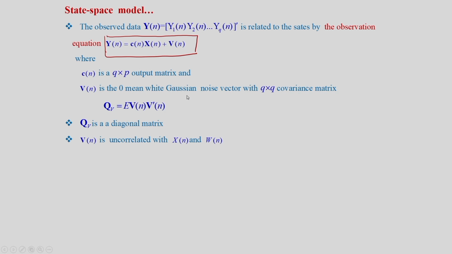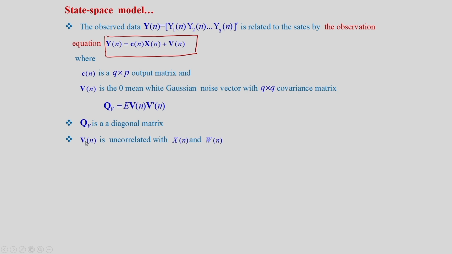Gaussian is necessary only in the Bayesian derivation, and its covariance matrix is a q by q matrix, given by Qv is equal to E of vn into vn transpose. Qv is a diagonal matrix because vn is a white noise vector.